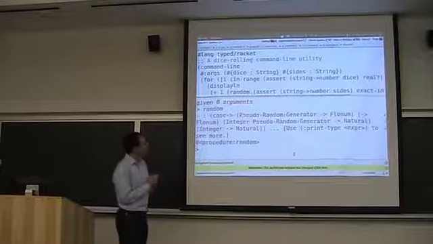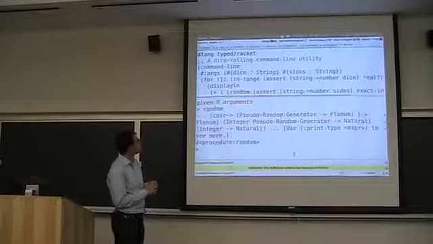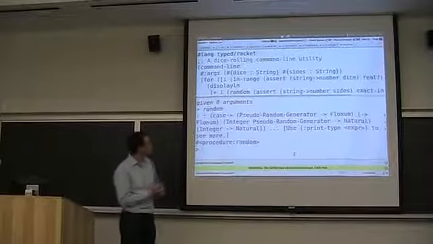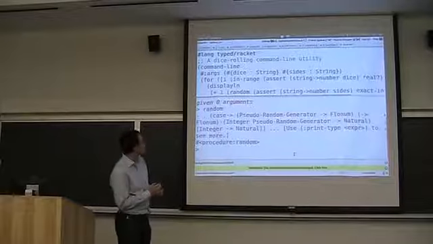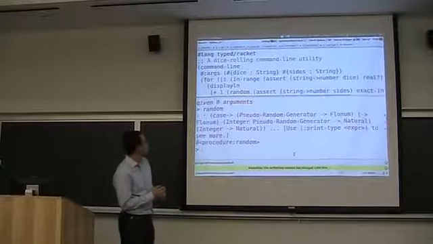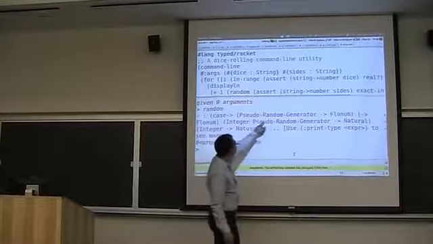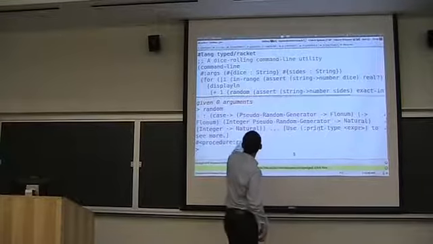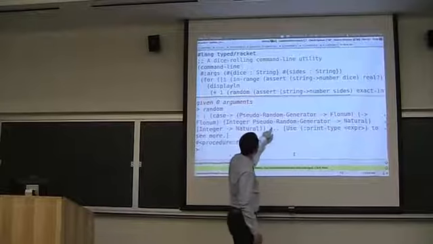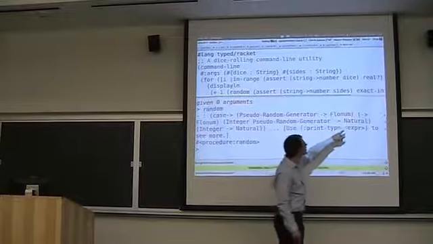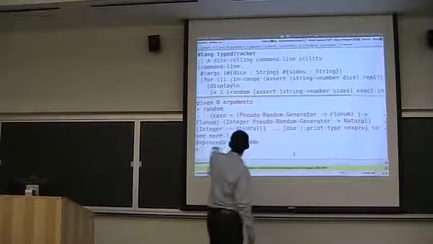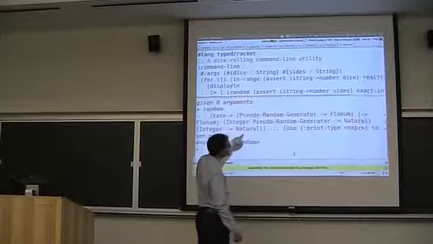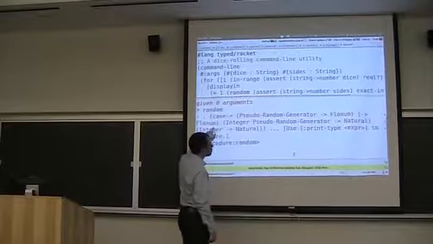So, turns out that there's some interesting different things that we can do with the random function. So, if you call it with one pseudo-random number generator, then it produces a float. If you call it with an integer and a pseudo-random number generator, then it produces a natural number. If you call it with an integer, it produces a natural number. If you call it with no arguments, it produces a float.